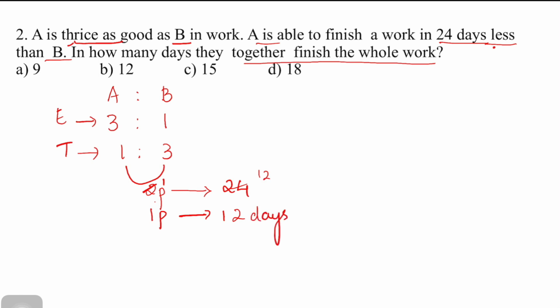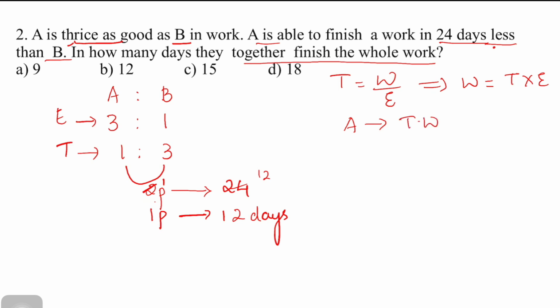That means A will complete the work in 12 days. In how many days will they together finish the whole work, they are asking. We know that time is equal to work upon efficiency. So from this we can say work is equal to time into efficiency.